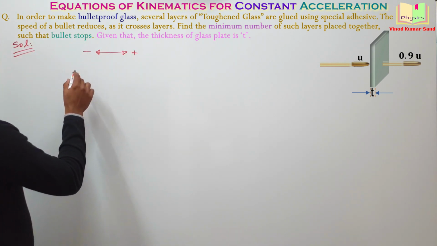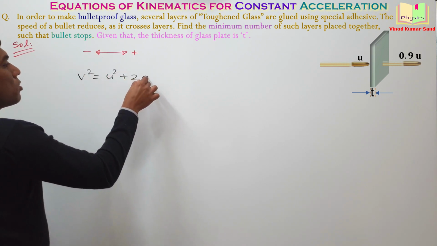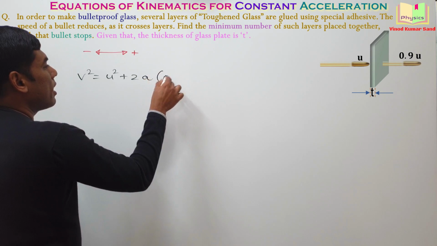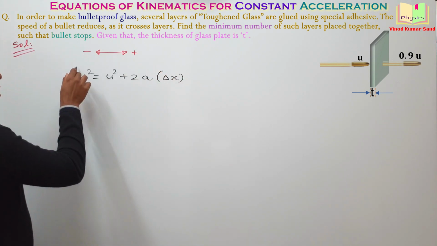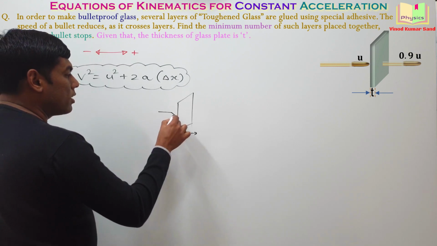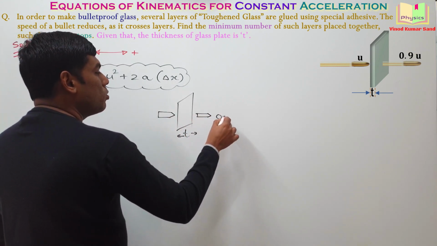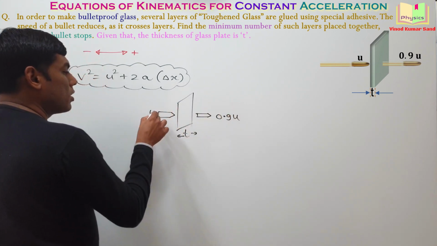So we are using v square is equal to u square plus 2a into delta x, the third equation of motion. After crossing one sheet, the velocity becomes 0.9 u. It's given in the question.